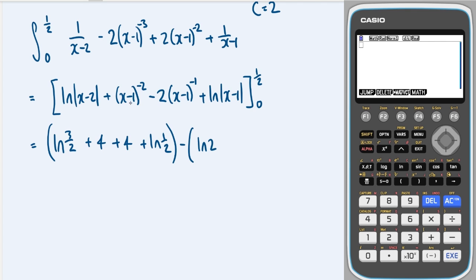This is going to give me minus 1 squared is 1. And this is going to give me, again, minus 1 to the power of minus 1 times by minus 2 is just plus 2. And this is going to give me ln of 1, which is just 0.